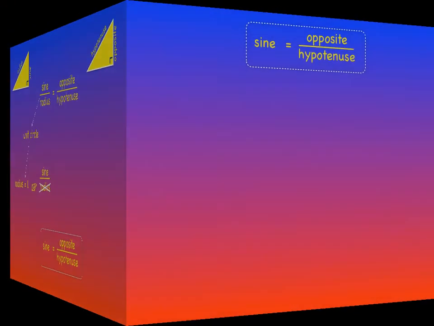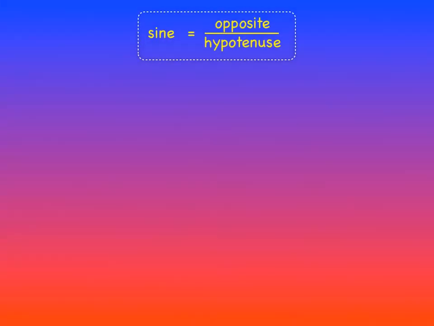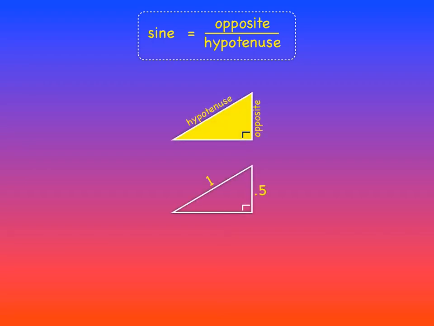And that's a very important definition. The sine, or the sine ratio, is the opposite over the hypotenuse. Here's an example. The sine is 0.5 over 1. In other words, just 0.5 if you want to take out the 1 to make it more simple looking.